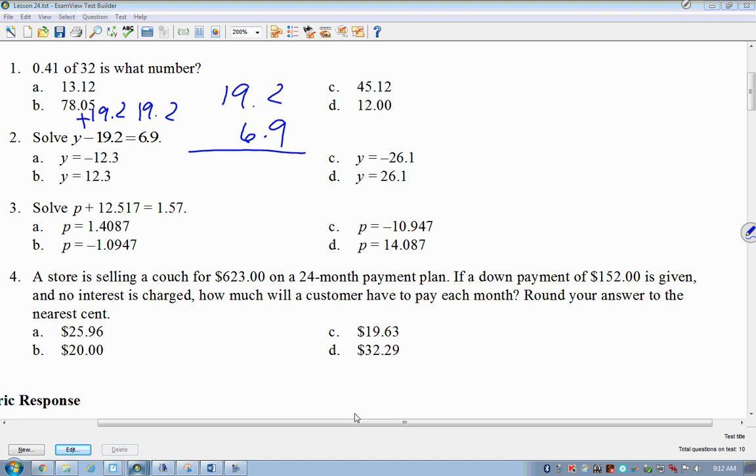Okay, what do I do first? Borrow from the 9? Aren't we adding? Okay. All right, so let's make sure we know what our operation is first before we start trying to do something. Okay, start over. 11? Hold on. 11.